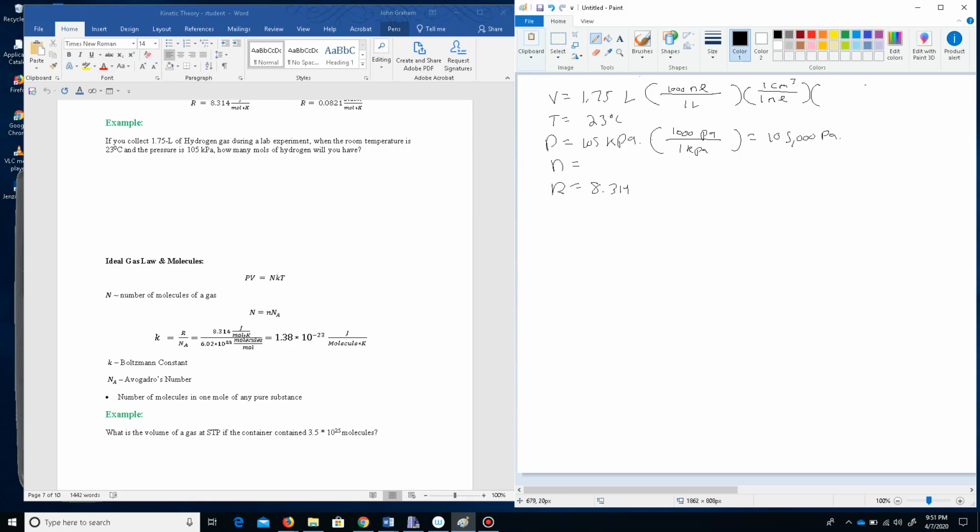And then 100 centimeters cubed, so 100 cubed centimeters cubed is 1 meter cubed. Right, so we're going to multiply by 1,000, divide by 100 cubed.